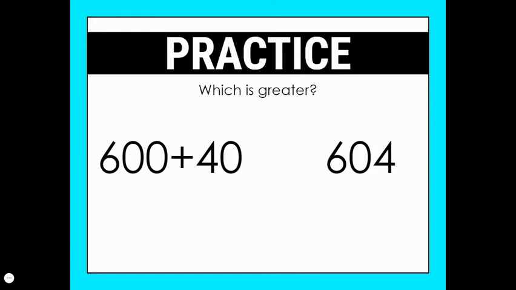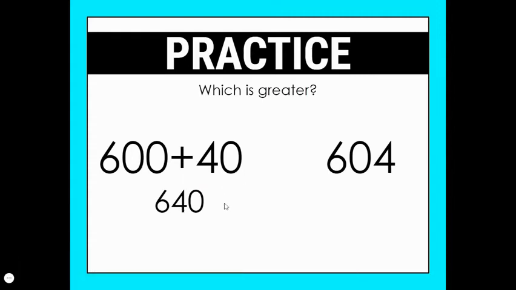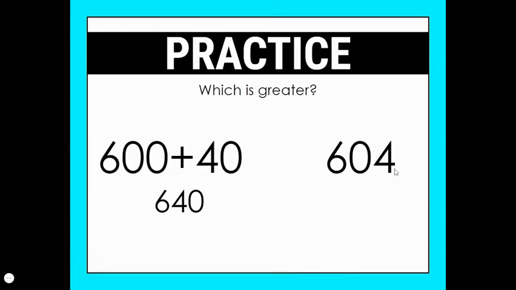So what I'm going to do is take this 600 plus 40 and write it in standard form so it's easier for me to compare. So this 600 plus 40, I know is actually 640 because I have 600s, 4 tens, and no ones. So now I'm comparing 640 to 604.